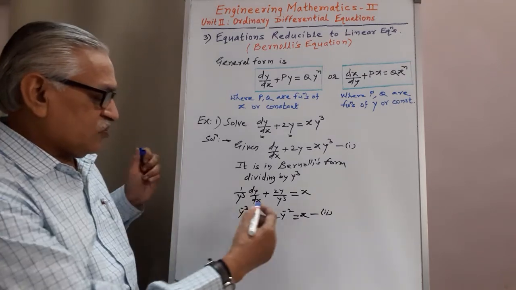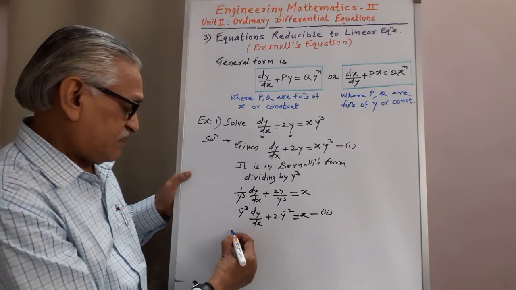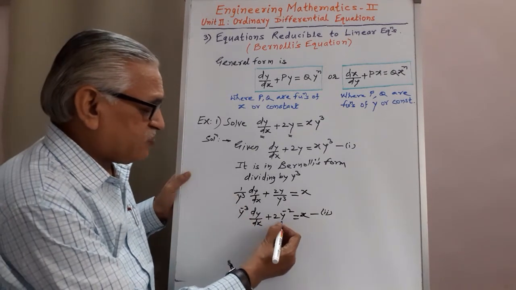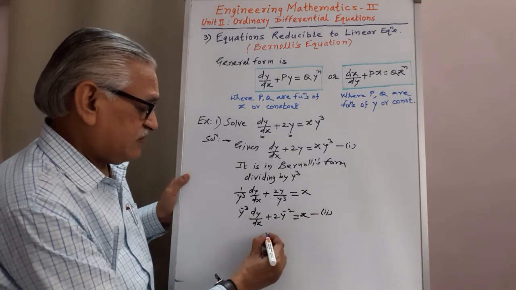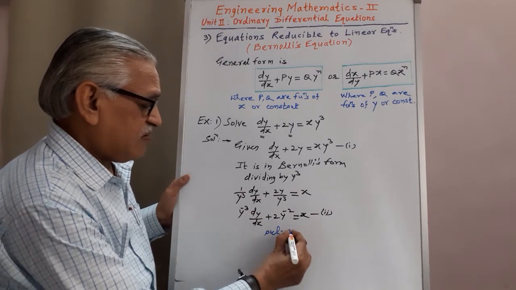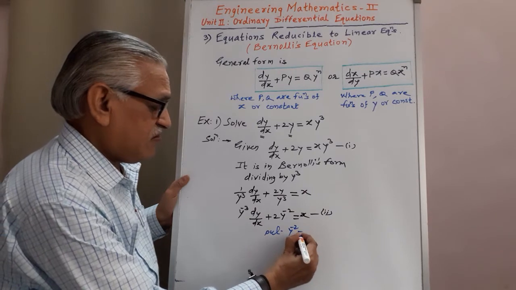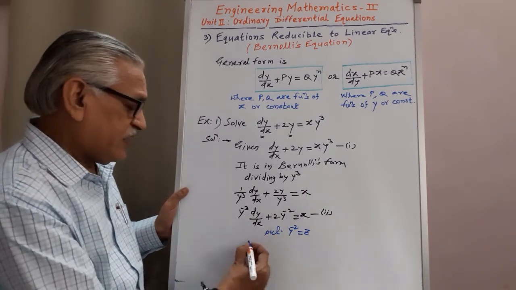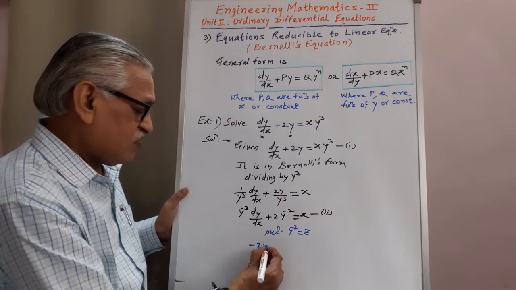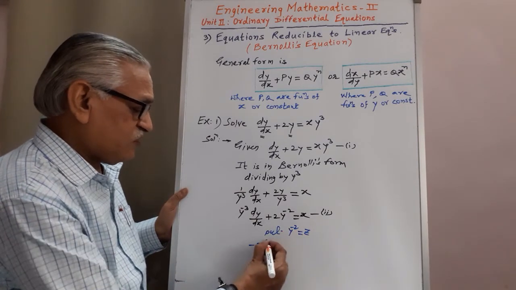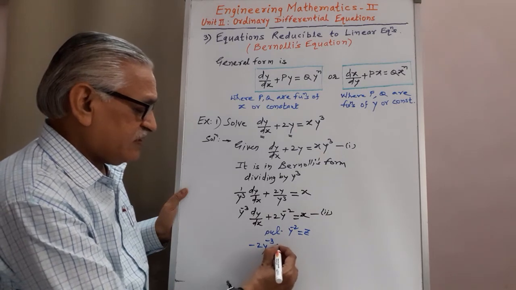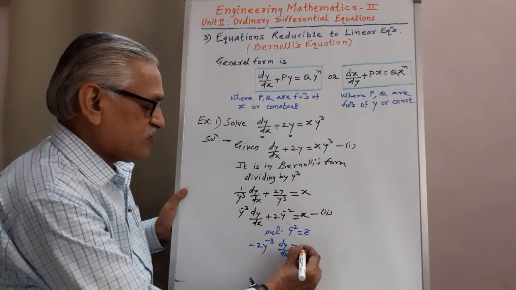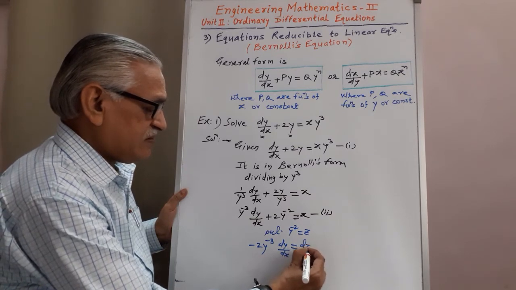In this equation 2, we substitute the coefficient of this y raised to minus 2 as z. Then differentiating it with respect to x, we get minus 2 y raised to minus 2 minus 1, we get y raised to minus 3 into dy by dx is equal to dz by dx.